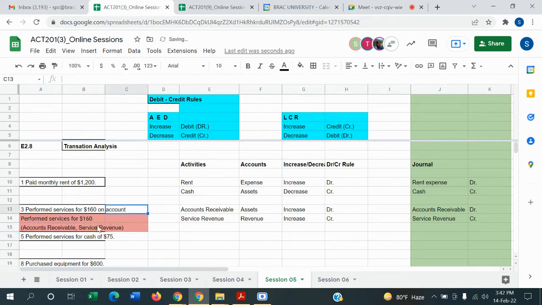The reason is that they did not specify that they have received cash. If there were any cash dealings, it would be recorded like this: received cash of 160 by performing service, or perform service for a cash of 160. Something like that will be mentioned. If cash is not mentioned, we always consider it is on account. Got the point?